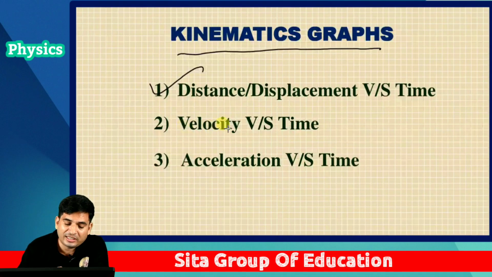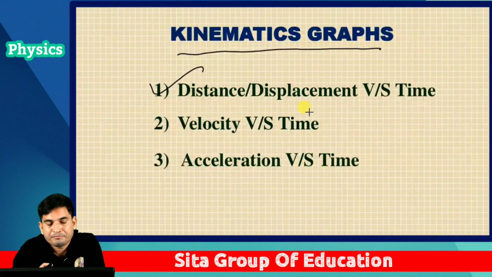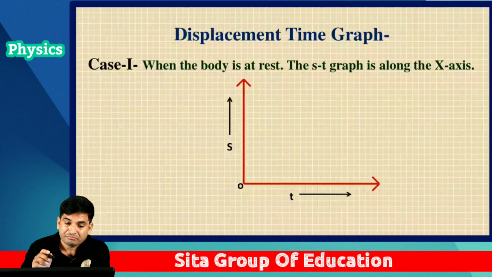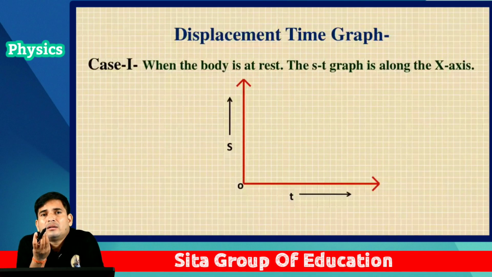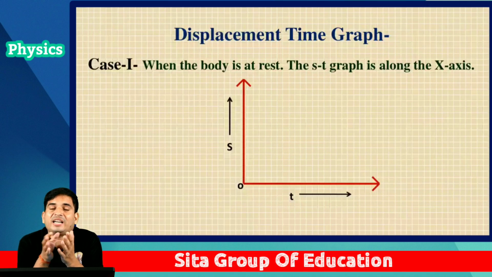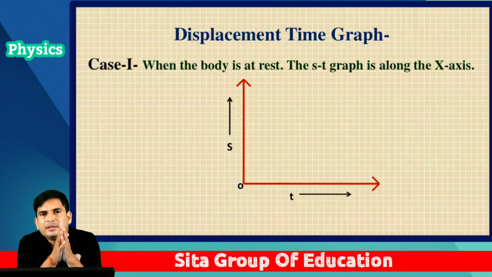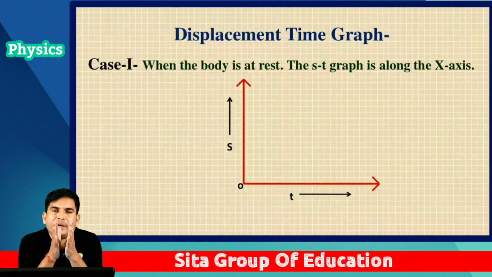Next one is velocity versus time. Next one is acceleration versus time. Let us start. We will talk about the nature of the object, at which position the object is, and which type of graph it can give. So let us discuss one by one.